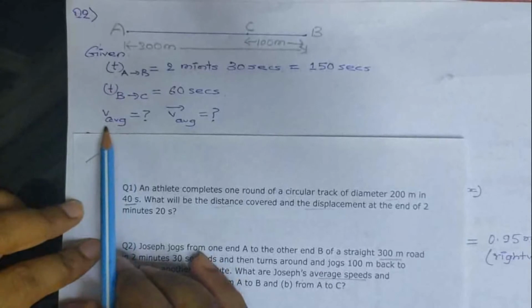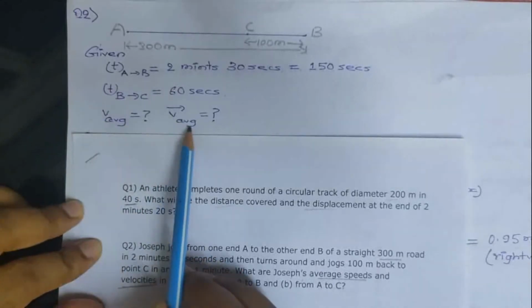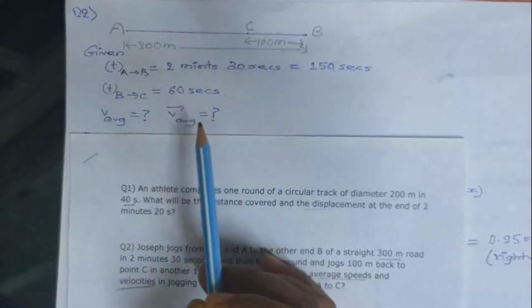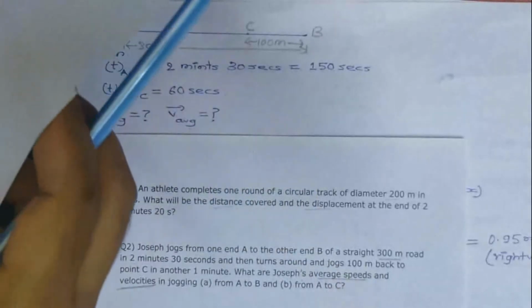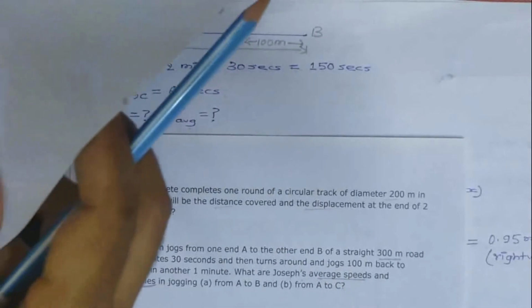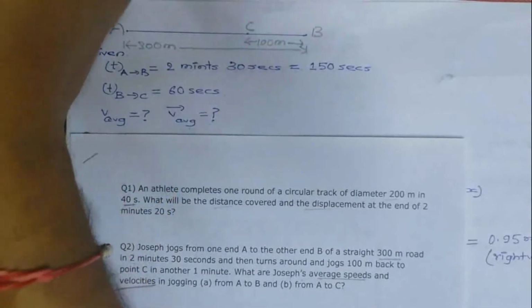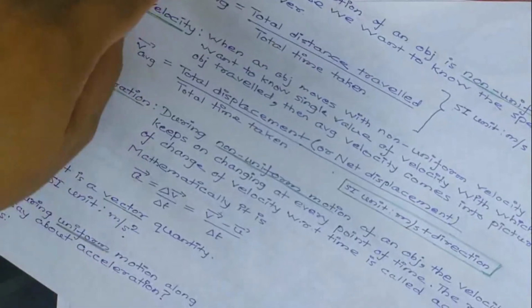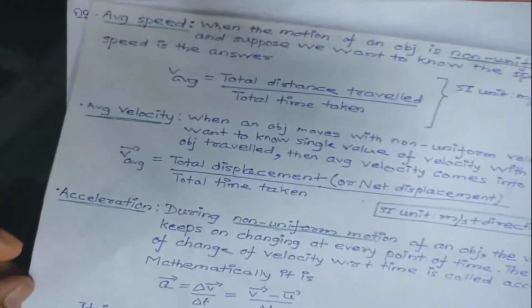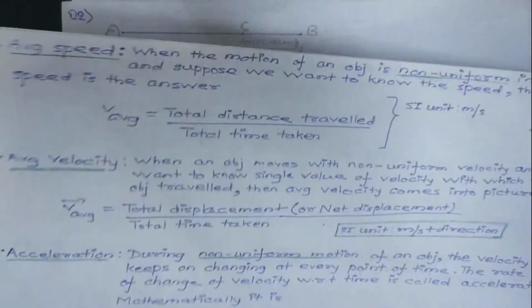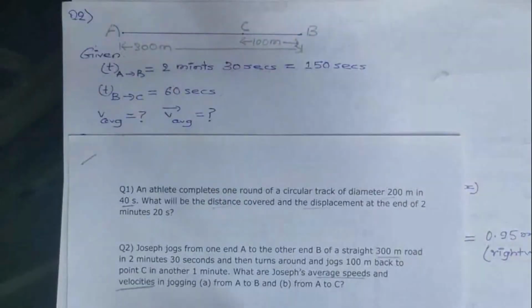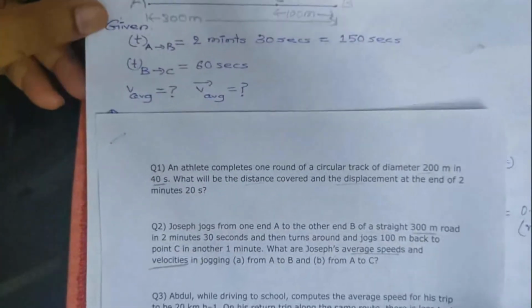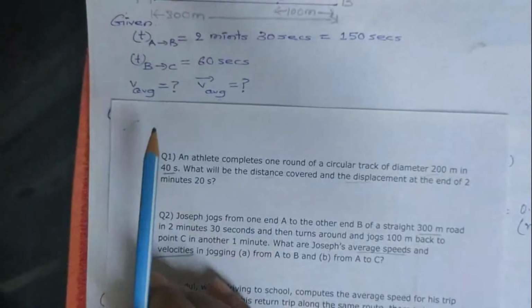It is asking us to calculate average speed and average velocity. I think the problem is very simple because we have discussed the concepts of average speed and average velocity in detail in our theoretical section. Just to remind you, this is average speed, and this is how to calculate average velocity. I think we all have good command on that, so we can do it. So what is average speed?